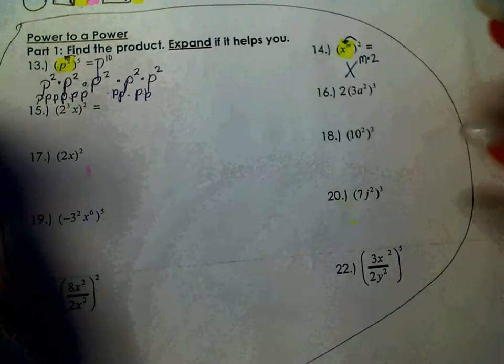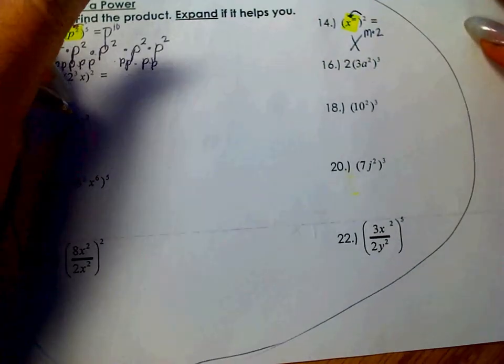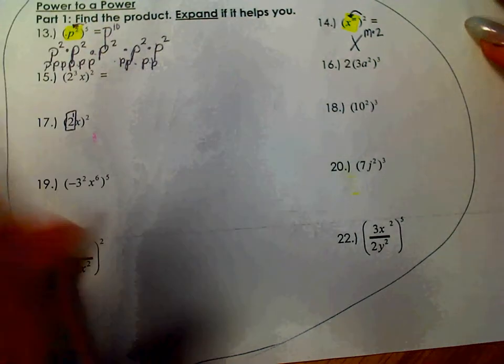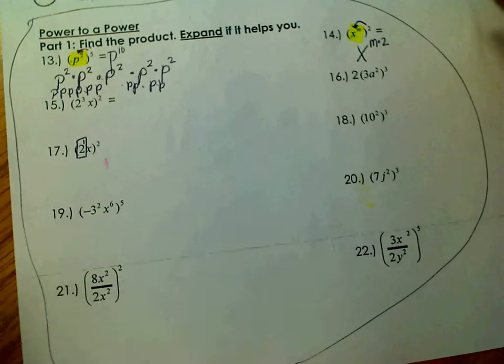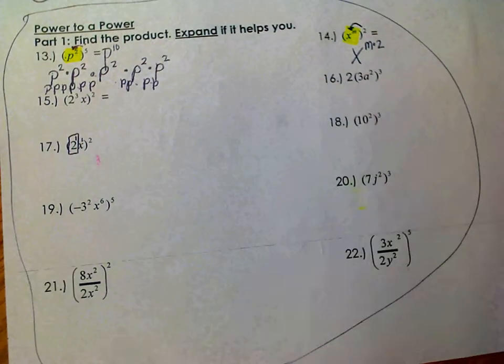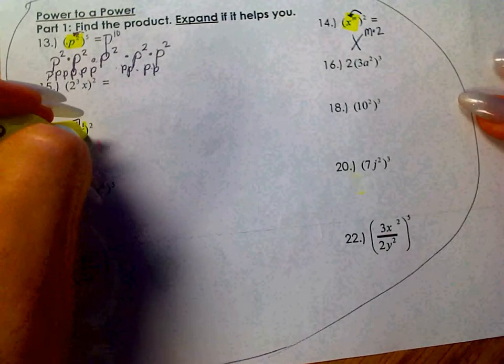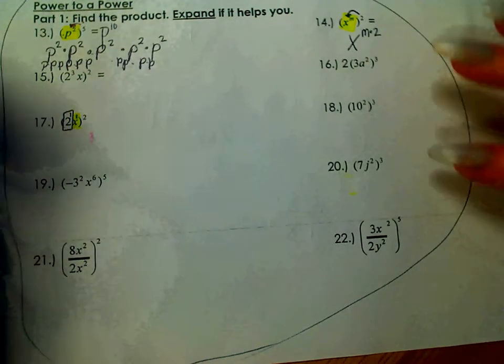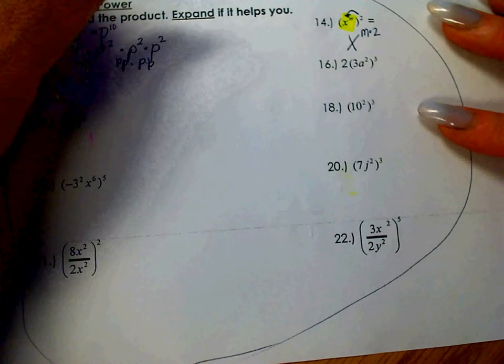Okay, number 17, we're going to have to put a window in for the 2. Remember, the 2 has an exponent of 1. So does the x, actually, right there. So 2 to the first power, x to the first power, raised to the second power. For this one, you do need to do 2 arrows.